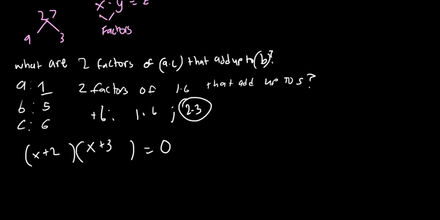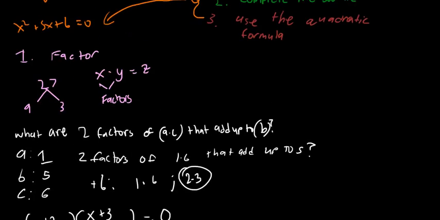Now, if we use the FOIL method, which we learned when multiplying binomials, we get x squared from the front, then the outside, 3x, then the inside, 2x, and then last, 6. What we get here is x squared plus 5x plus 6, which is the same thing as what was up here.